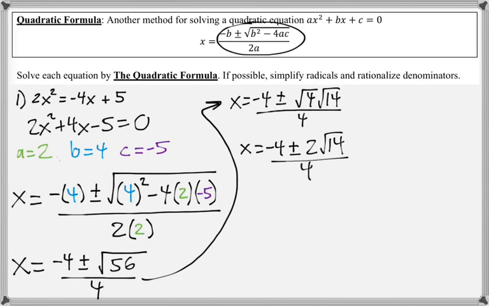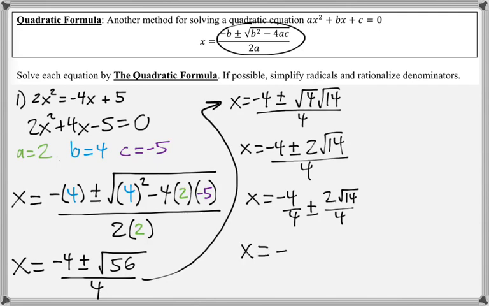And then I'm going to break up the fraction. So -4 over 4 plus or minus 2 square root of 14 over 4. So again, you're allowed to give that denominator to both of those. And then I want to reduce.